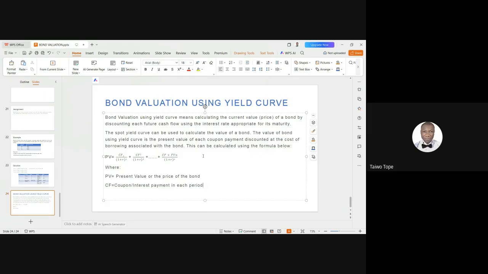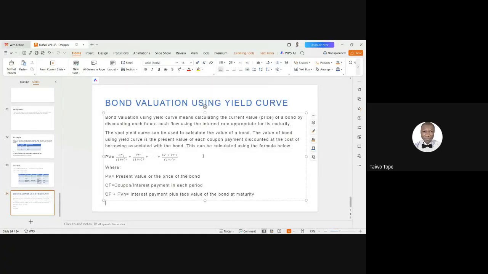And the CF plus future value: this is the interest payment to the investor, yes, the investor is receiving it, plus the face value of the bond at maturity.